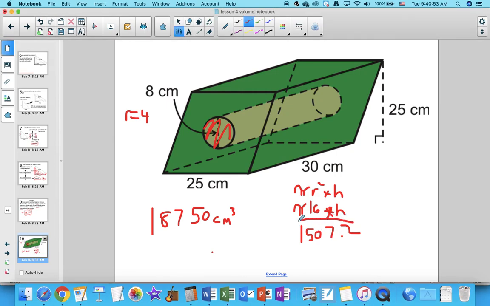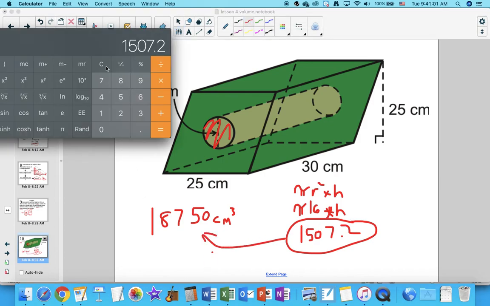So this is the volume of our cylinder. Well, let's just subtract it from that. So I take 18,750 minus 1507.2. And our answer is 17,242.8.